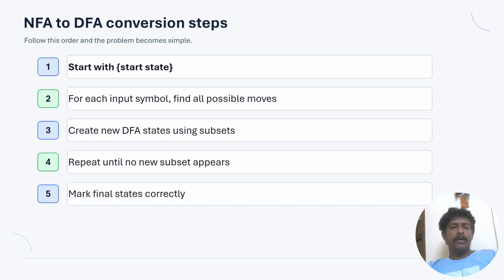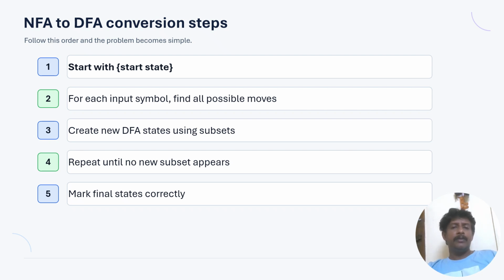Here are the steps for conversion. First, start with the set containing the NFA start state. If the start state is A, then the first DFA state is the set {A}. Second, for every input symbol, find where we go from all the states inside the set. Third, whenever you get a new set, add it as a new DFA state.